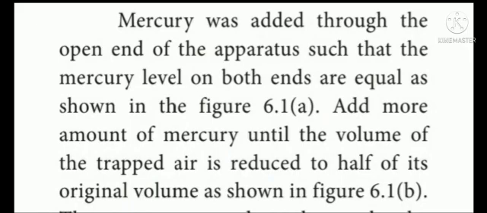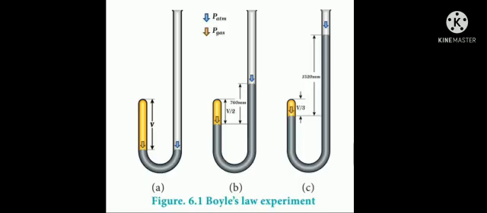In picture A, the apparatus has one end open and another end closed. Mercury was added through the open end of the apparatus such that the mercury level on both ends is equal.